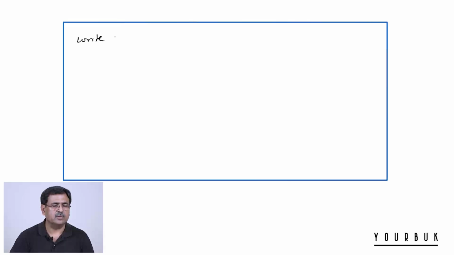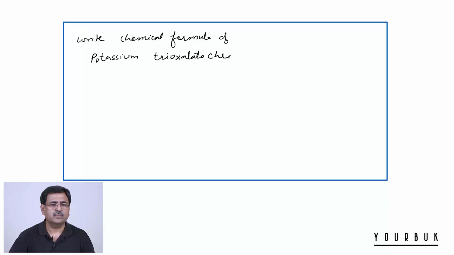Now suppose you are given this, write chemical formula of potassium trioxalato chromate 3.